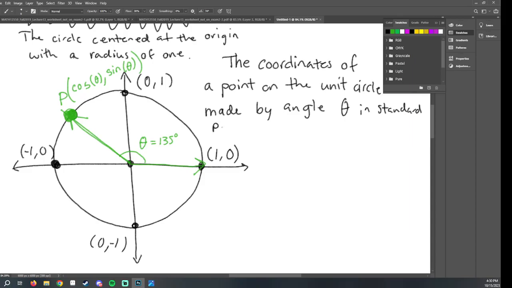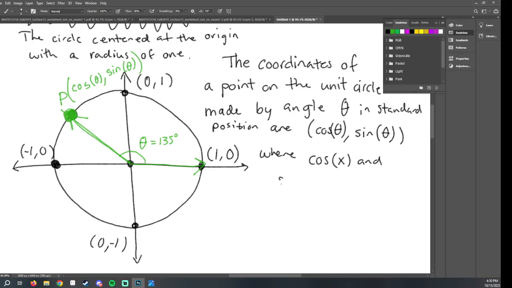So we could think of this point P as the point made by this angle theta, cosine theta, comma, sine theta. And again, where cosine of x and sine of x are functions. I'm just saying cosine of x and sine of x, using x as a general variable here.